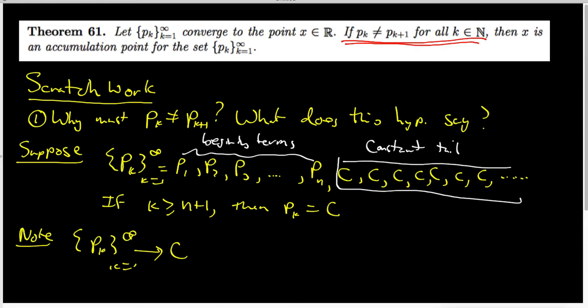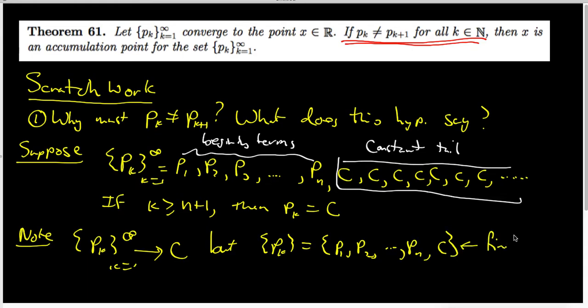But what I also want to note is that the set of p_k's consists of p_1, p_2, down to p_n and c, and this is a finite set. And we know that finite sets have no accumulation points.